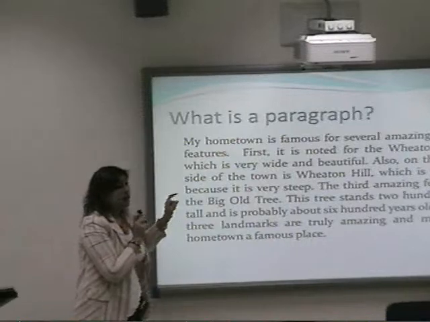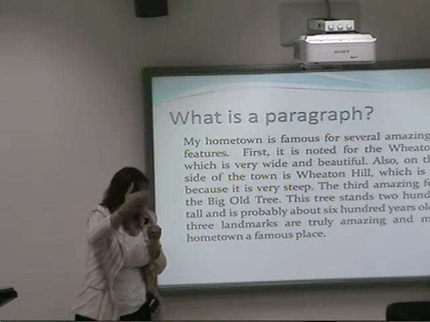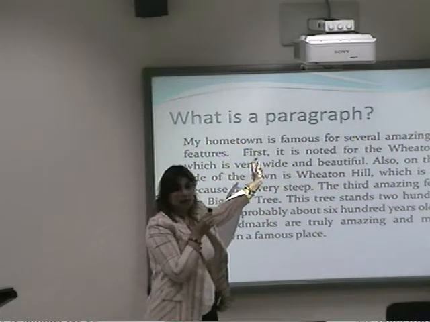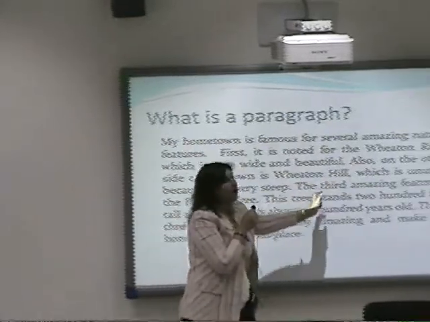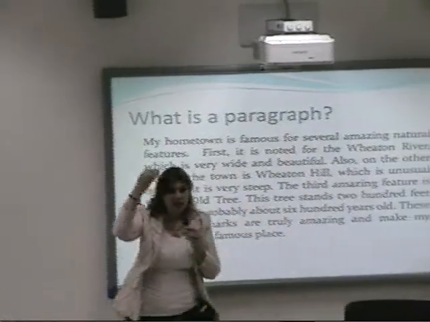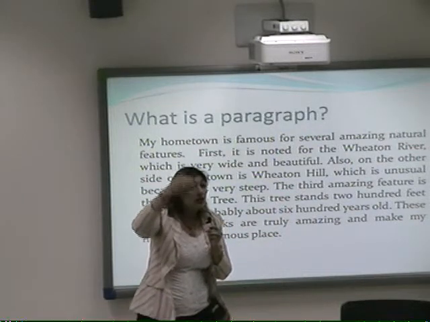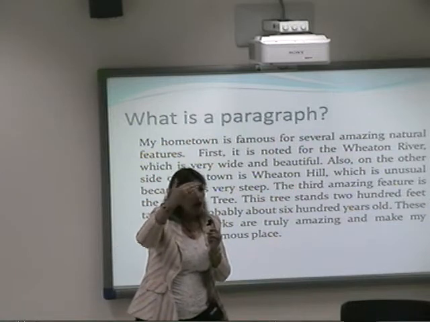And then, see, when he is listing, this is what we call listing. When he is listing, he is using first, also, and third. So this is giving a list. Or sometimes we can call it chronological order, and sometimes it can be time order.